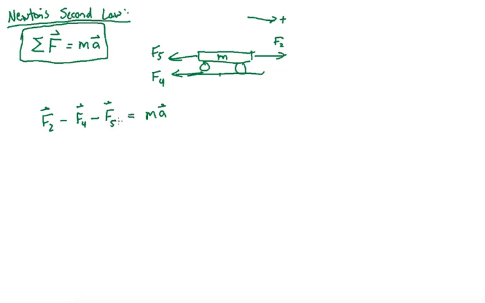Now if F4 and F5 were stronger than F2, then this acceleration would end up being negative, because you'd have a smaller number minus two numbers that were bigger than it, and you'd get a negative acceleration and it would accelerate to the left. If F2 was stronger than F4 and F5 together, you'd end up with a positive number minus two smaller numbers, and you'd get a positive acceleration, and a would be positive.